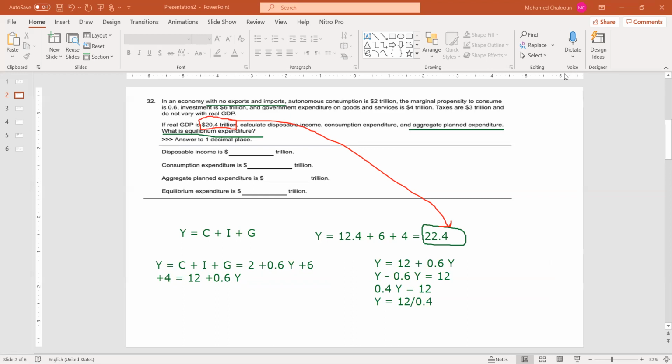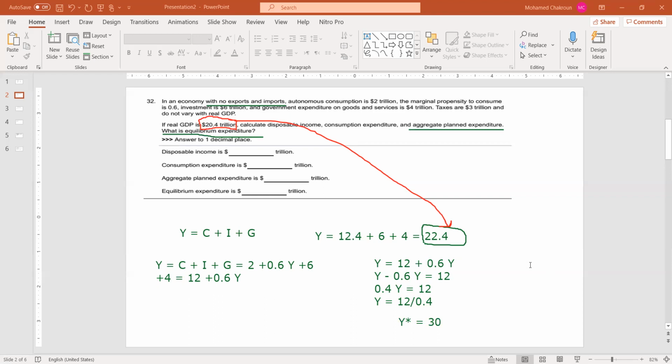Is equal to 30. So the equilibrium expenditure Y star is equal to 30. This is how to answer this question.